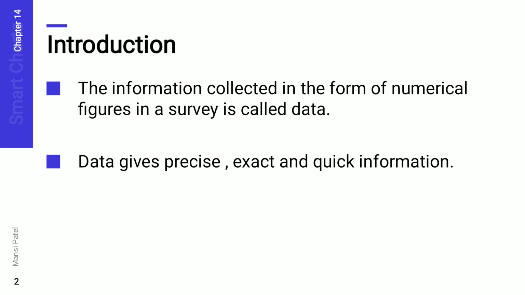Now, the data gives precise, exact and quick information about things. If you are doing a survey of the number of boys and girls who study in one particular school, then you are getting exact and quick information of that survey.